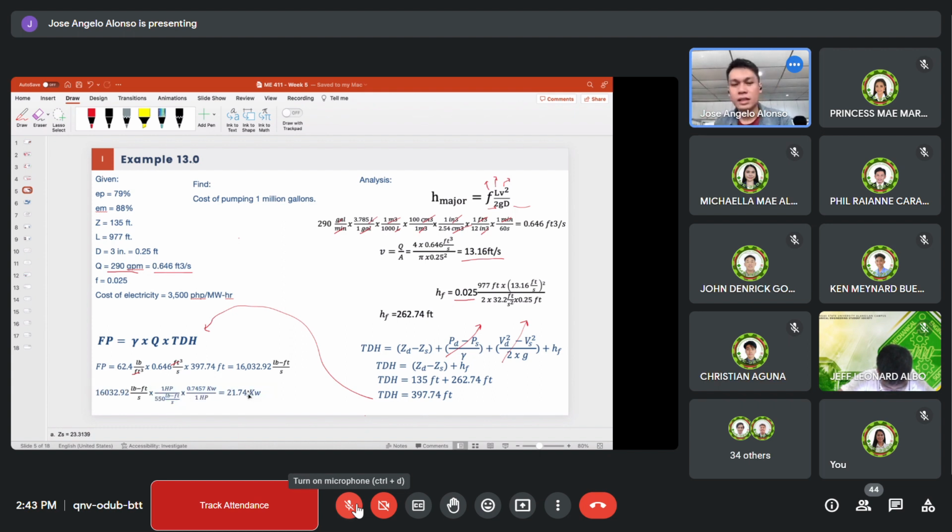So let's convert pound feet per second. Ang conversion niya is that for every 550 foot-pound per second, ay meron tayo 1 HP. So for every 1 HP, guys, merong 0.7457 kilowatts. So do the math, do the calculation, it will give you 21.74 kilowatts.